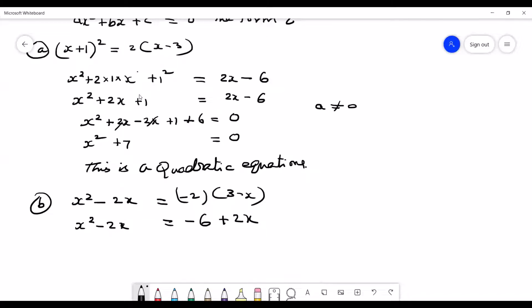Now bring all these terms to the left side. So this will be x square minus 2x, then bring this 2x term along with this minus 2x. So this will become minus 2x minus 2x, and plus 6 it will come since here it is minus.